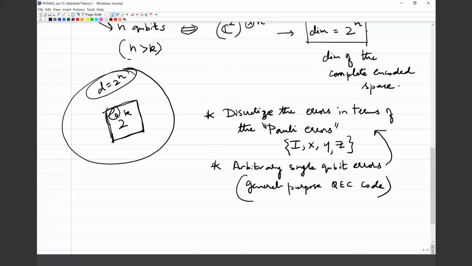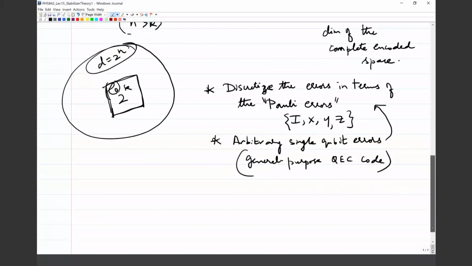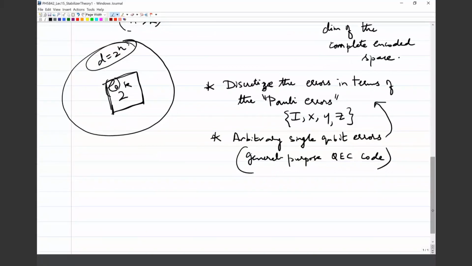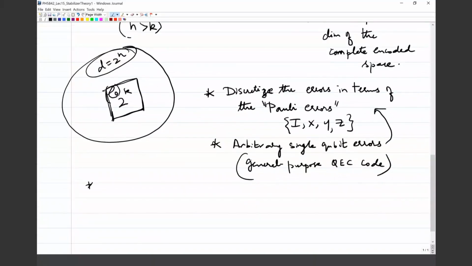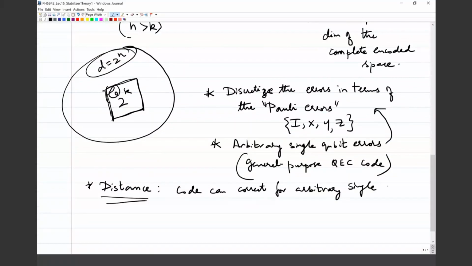Okay. So the third parameter, which is the distance, basically has to capture this aspect, right? It has to tell us that the code can correct for arbitrary single qubit errors on how many qubits?